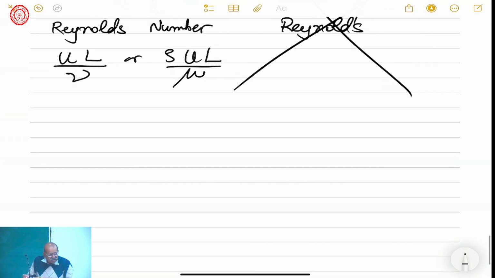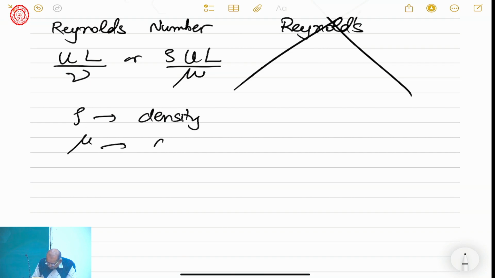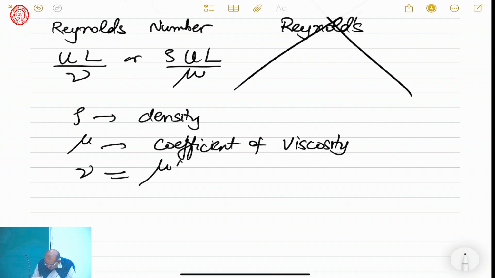This is just a broad definition of Reynolds number, which you know. Rho is the density, mu is the coefficient of viscosity, and nu is equal to mu upon rho, which you can make out from these.